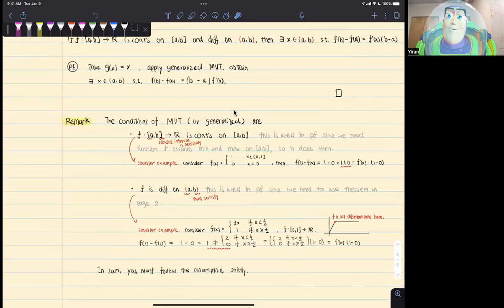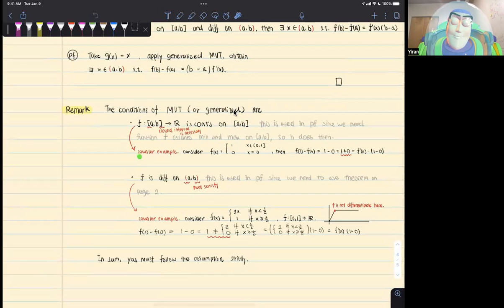So we indeed use the fact that f is continuous on a closed interval. I also give a counterexample where f is not continuous on the closed interval, but on a half open, half closed one. And as you can see here, this is equal to 1, 0, so we got 0 here.